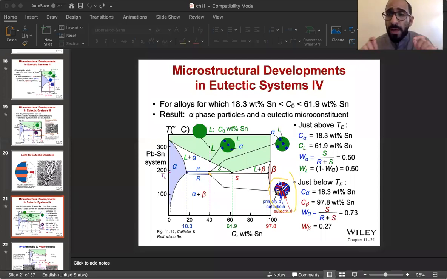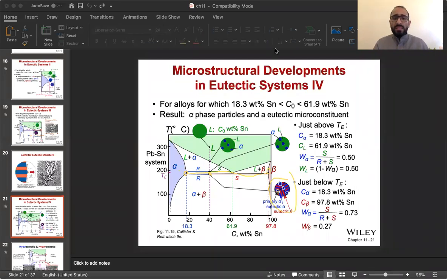I would like to remind you again, liquid is going to transform to lamella structure below the eutectic temperature only if you are between this composition and this composition, between 18.3 and 97.8. Because if you are at this point, this will not happen. Wonderful.